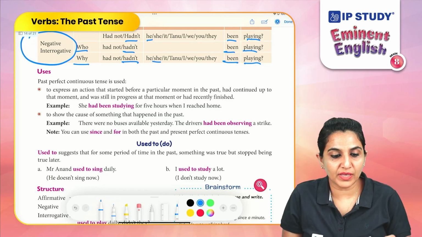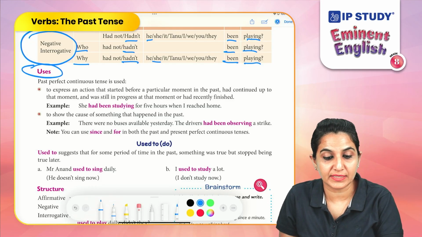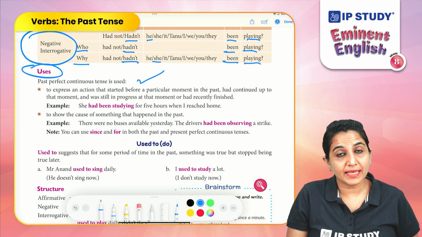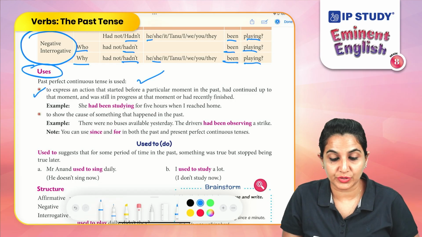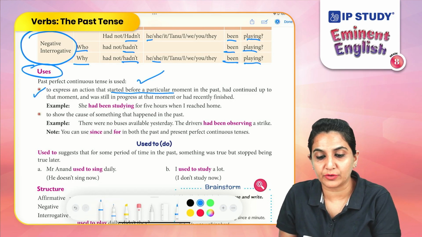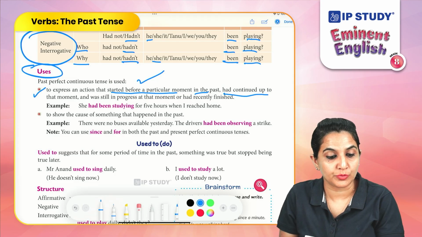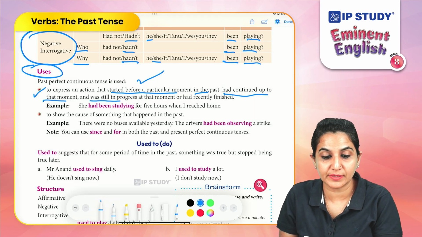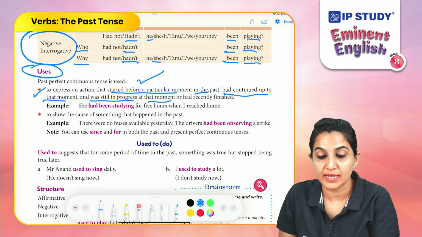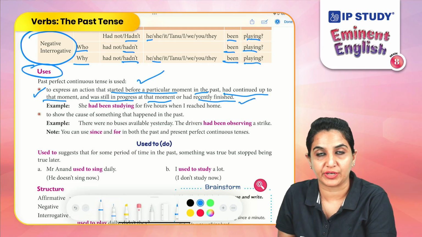Now, how do we use the past perfect continuous tense? It is used to express an action that started before a particular moment in the past, had continued up to that moment and was still in progress at that moment or had recently finished.